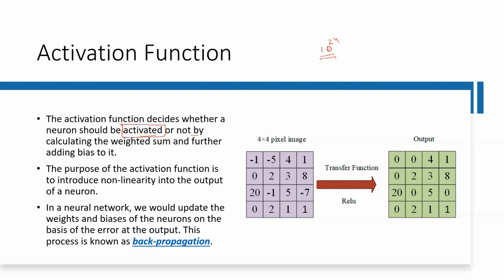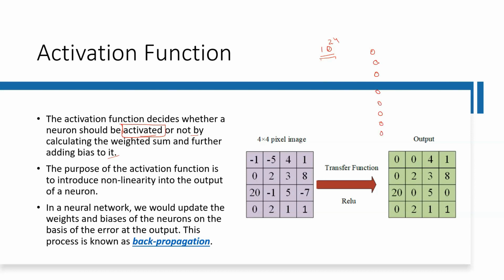You may also be interested in plant disease detection, kidney detection, retina detection, glaucoma detection. We have many applications for deep learning systems. So you must be interested in whether a neuron should be activated or not by calculating a weighted sum and further adding bias to it. We have so many neurons with us. Neurons means some kind of properties we have.